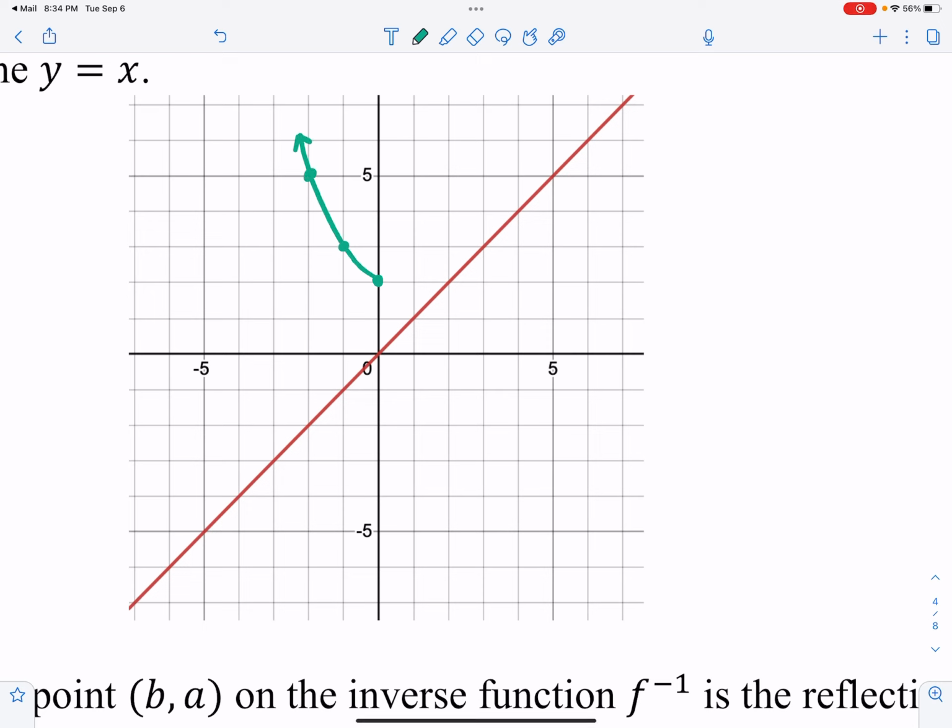Okay, I'm picking 3 points there. So let's say that this was the graph of f, and I see we have the points (0, 2), (-1, 3), and (-2, 5).